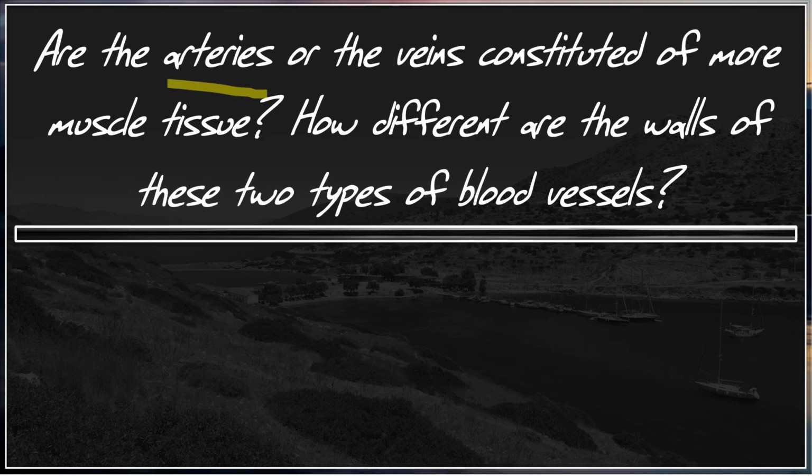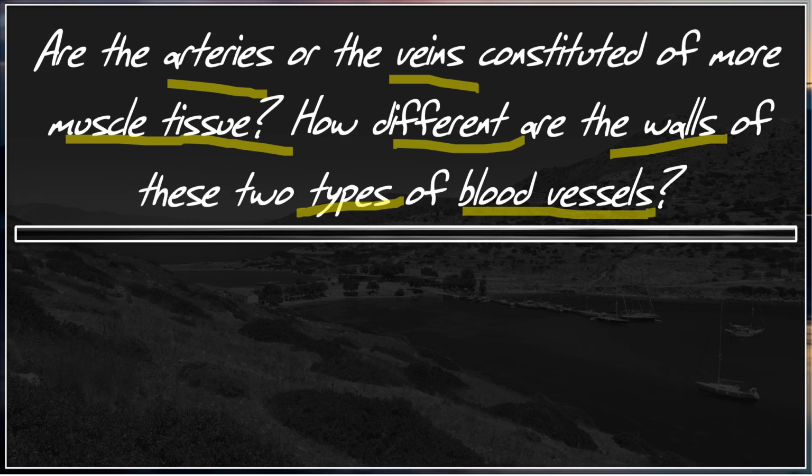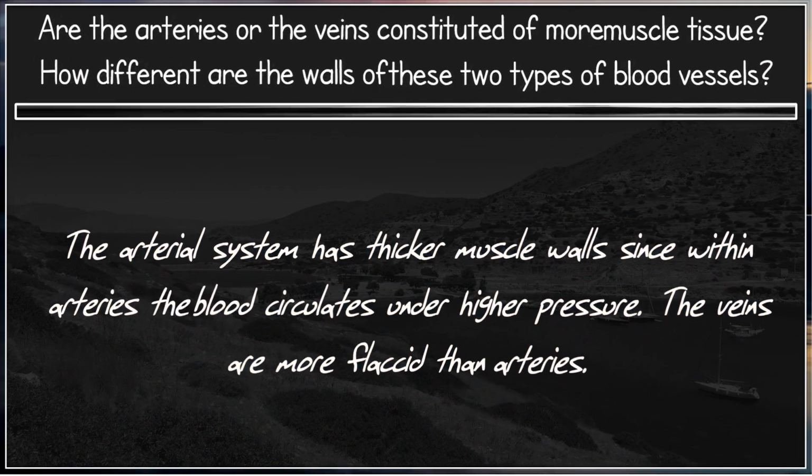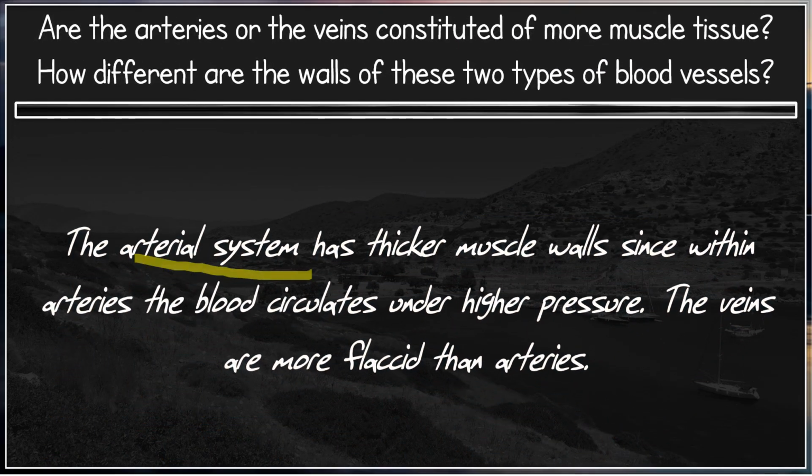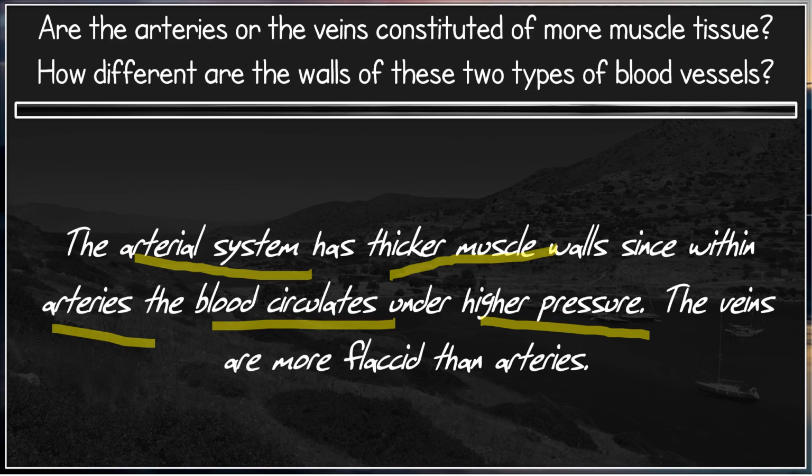Are arteries and veins constituted of the same tissues? How different are the walls of these two types of blood vessels? The arterial system has thicker muscle walls, since in the arteries blood circulates under high pressure.